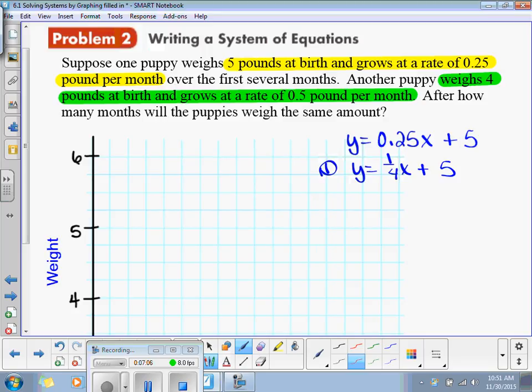So, y is equal to what? y is equal to 1/2 x plus 4. Very good. So we have our rise over run, y is equal to 1/2 x plus 4, and there is our second equation.